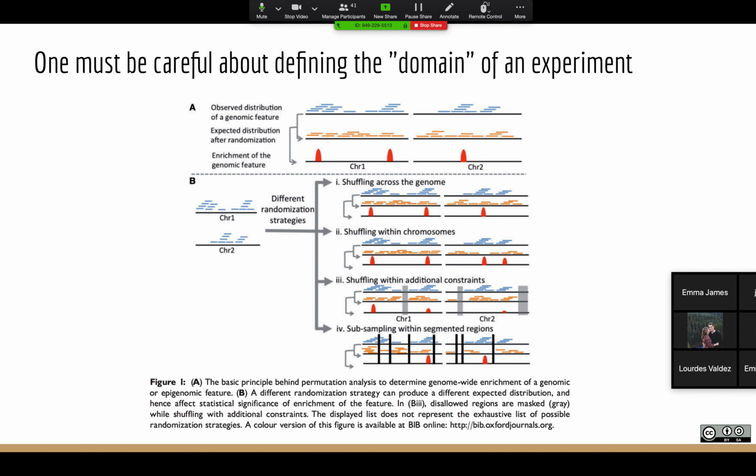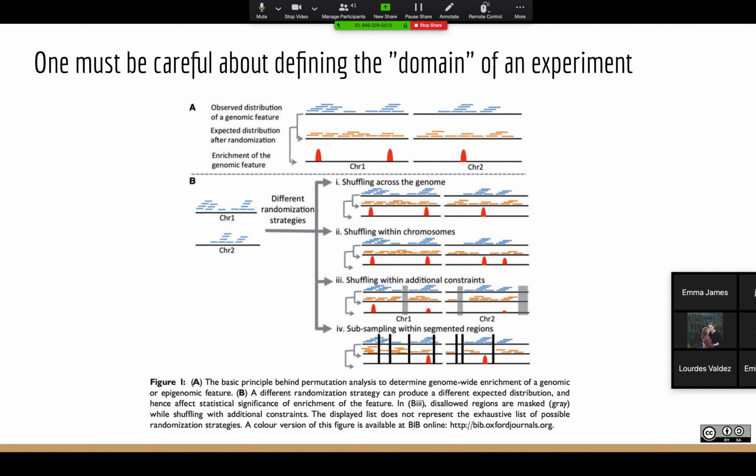Because if we define neighborhoods in the genome that are off limits, that shrinks the genome, and it shrinks the space that we can shuffle to. So therefore the likelihood of random overlaps between SNPs and enhancers increases. Right? So the fact that we got 0 intersections between GWAS SNPs and enhancers is probably not entirely an artifact of the fact that we allowed those SNPs to be shuffled any old place in the genome, but maybe partially.